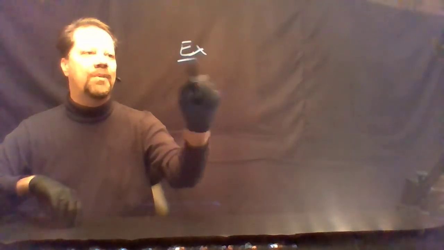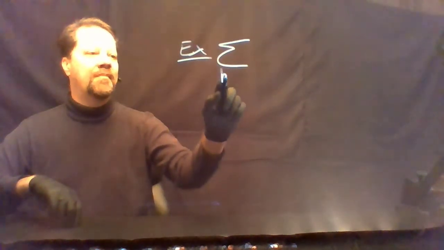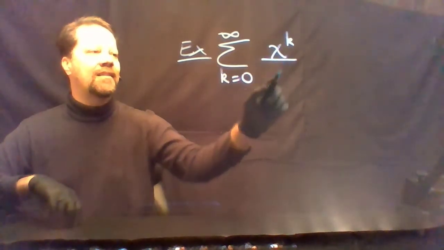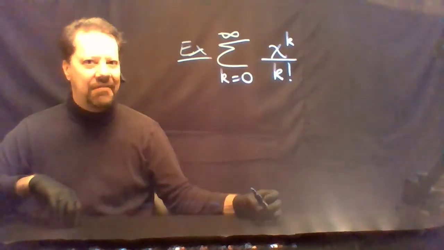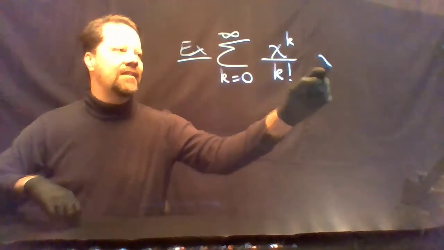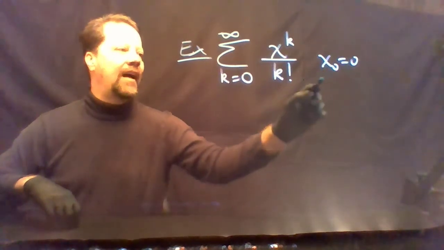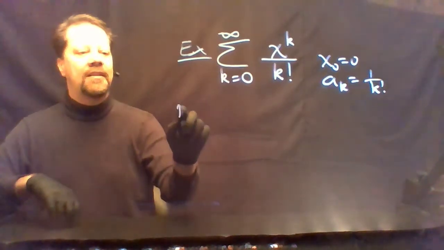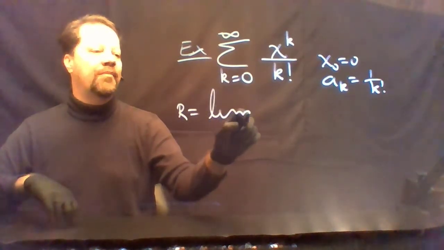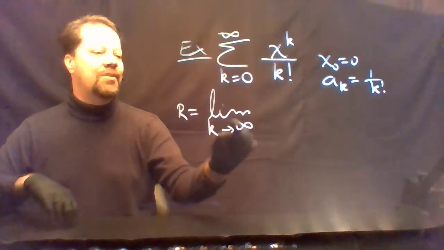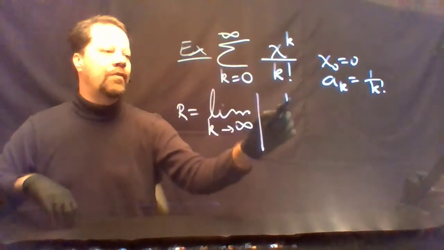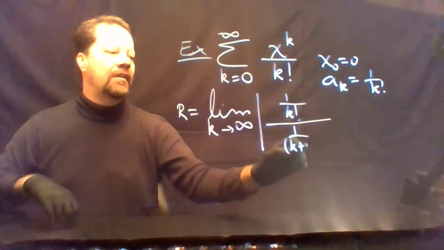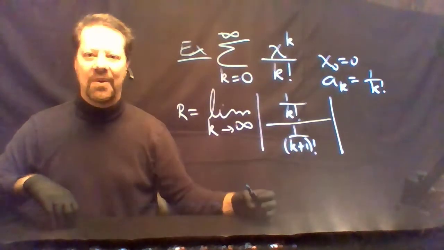As another example, suppose I have the sum, as k goes from 0 to infinity, of x to the k divided by k factorial. In this case, the center is 0, and a sub k is 1 over k factorial. The radius of convergence will be the limit, as k goes to infinity, of 1 over k factorial divided by 1 over k plus 1 factorial.